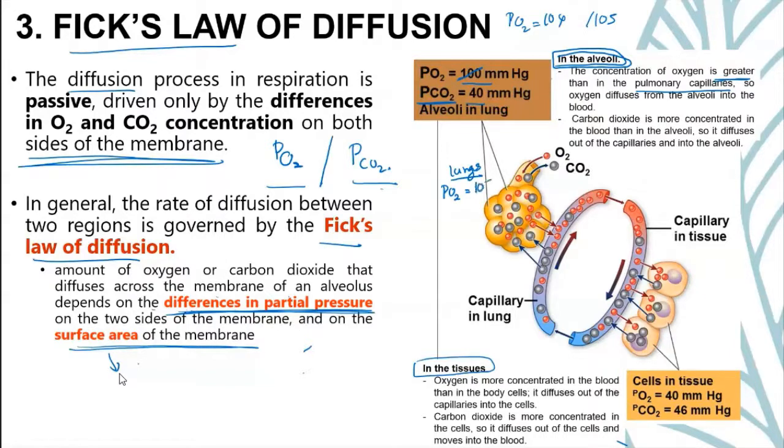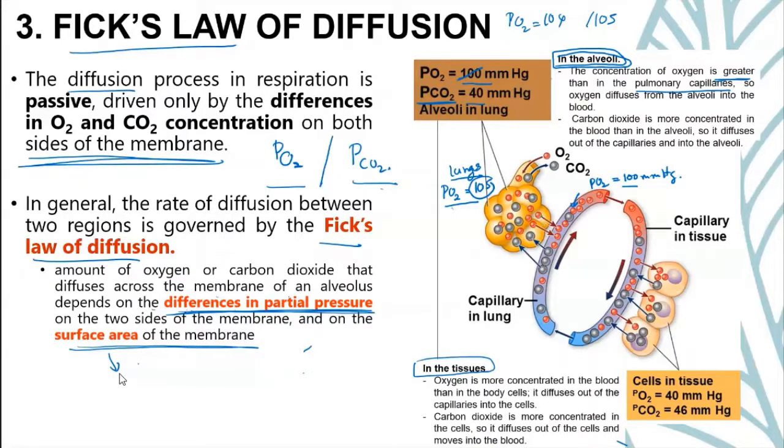Let's use 105 mm mercury in the alveolus, and in the blood capillaries, in the other slides we refer to, the partial pressure of oxygen is 100 mm mercury. So the partial pressure in the alveolus, 105, is higher compared to 100.